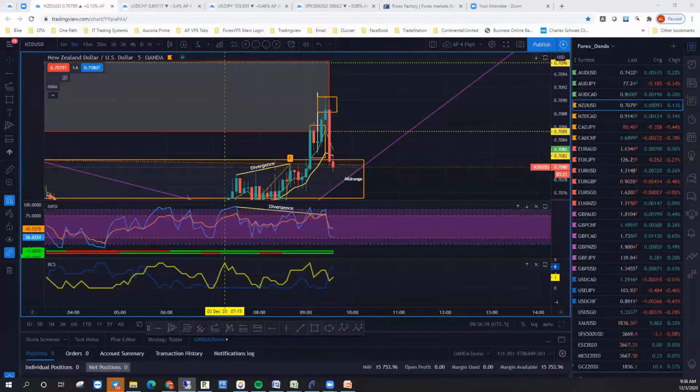I know we don't give much weight to news, but I was just checking out Forex Factory, and the U.S. unemployment claims at 8:30 this morning were actually 50,000 better than what was forecasted. So that's why it's going the direction that it is.